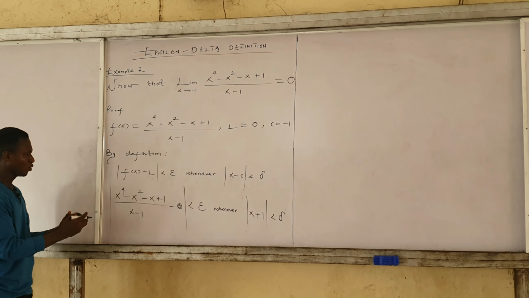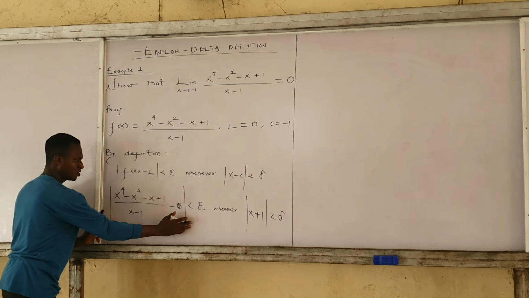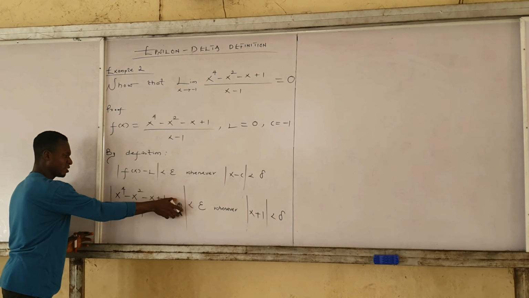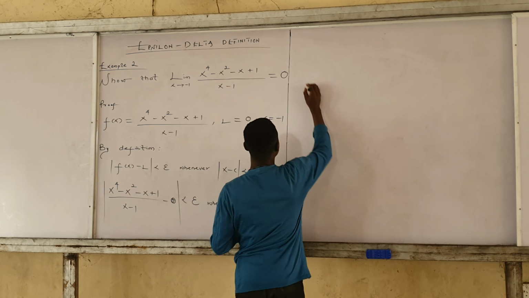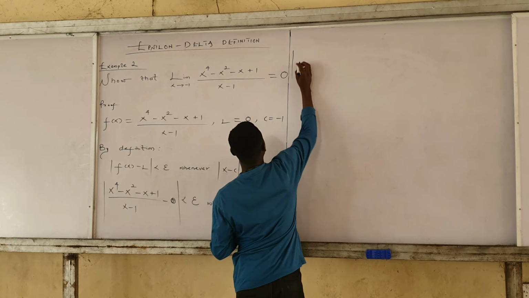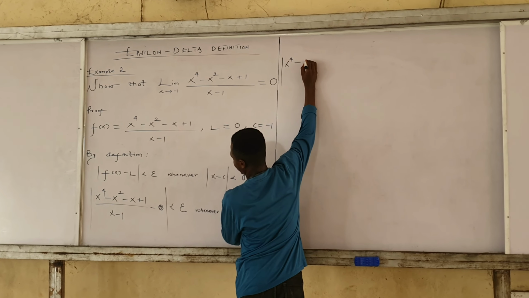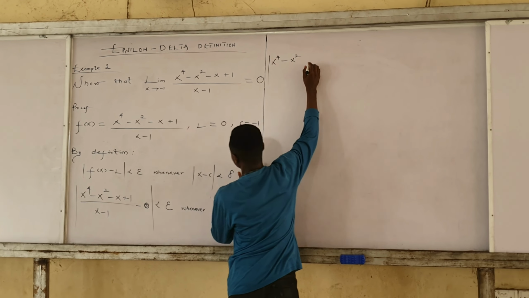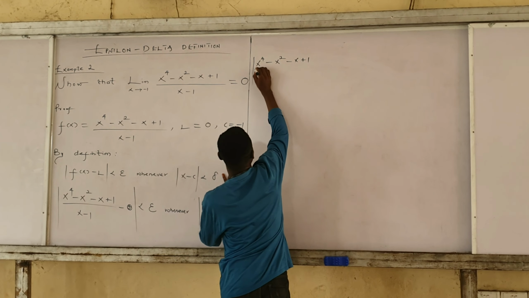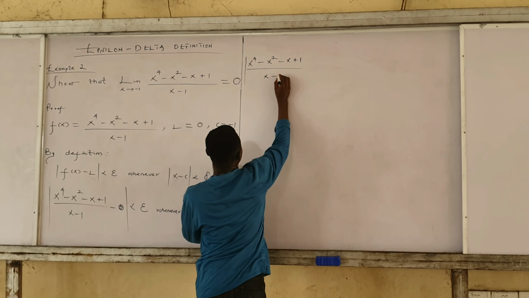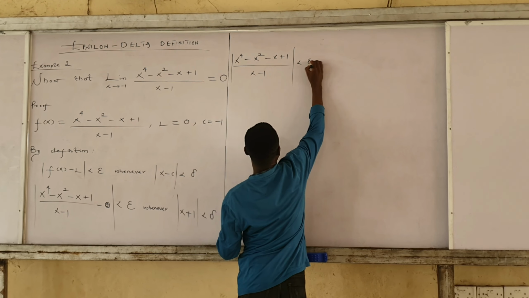So the next thing that we want to do right now is to simplify the left-hand condition, which is given by this. So when we subtract 0 from this given expression, we have the absolute value of x raised to the power of 4 minus x raised to the power of 2 minus x plus 1 all over x minus 1, and this is less than epsilon.